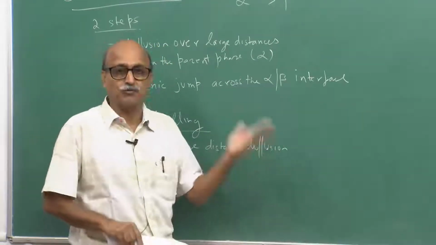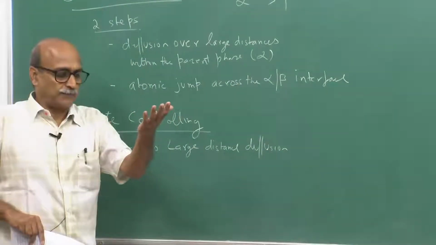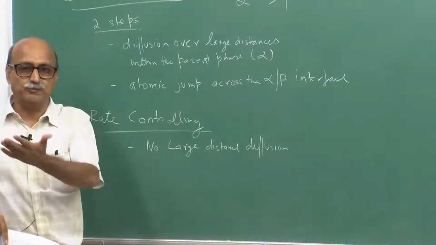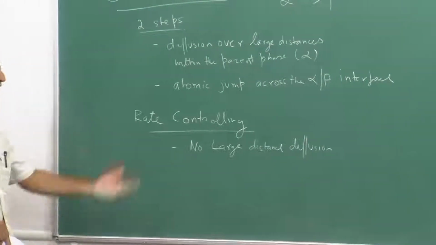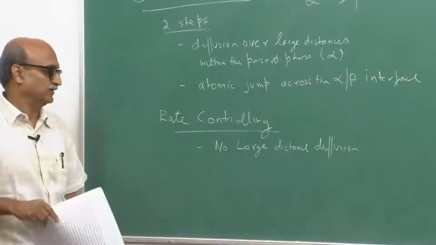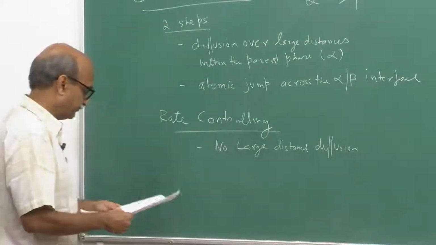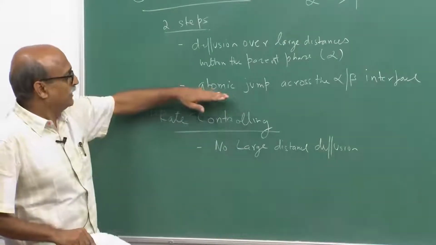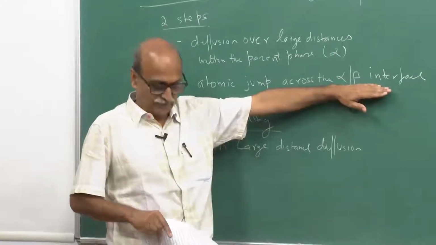For example, water to ice. Another example, gamma FCC phase of iron transforming to beta body centered cubic phase of iron. Again, there is no large distance diffusion of iron atoms within the gamma phase. So, really the controlling step is the atomic jump over the alpha beta interface.